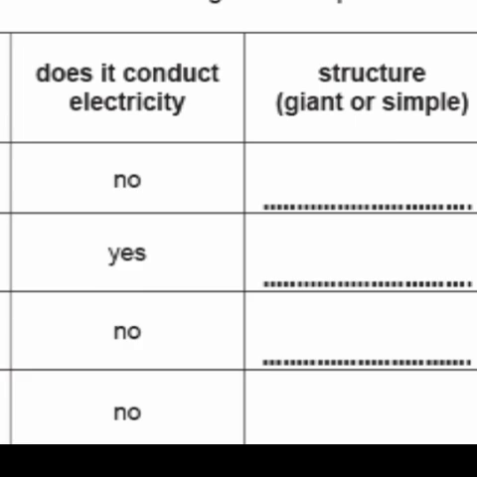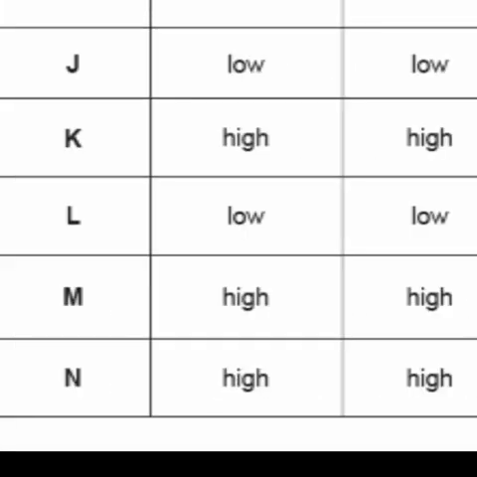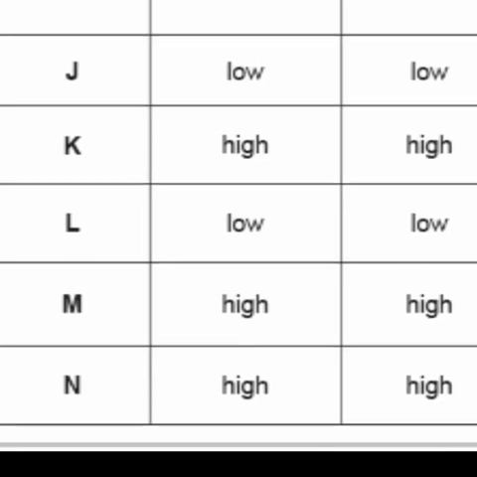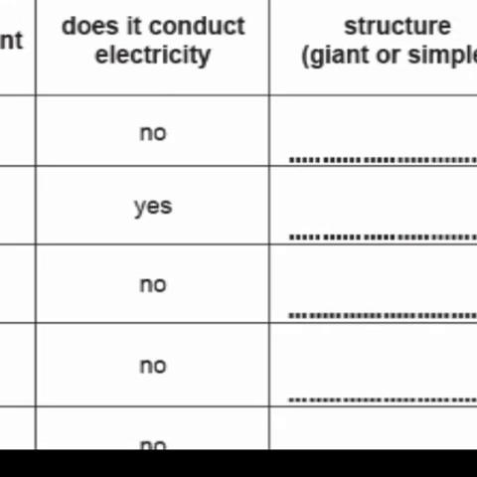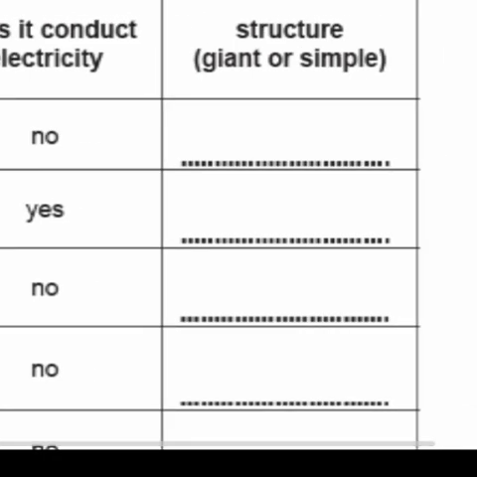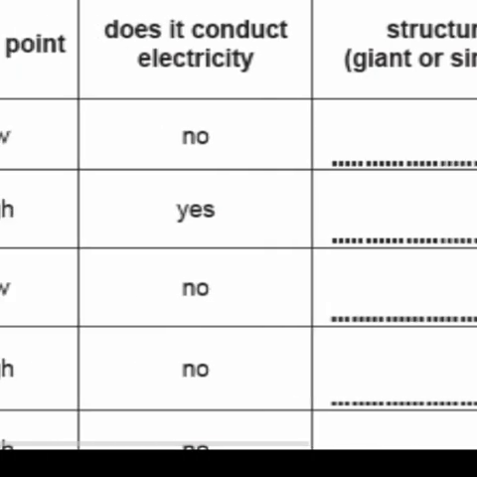These substances have a giant structure. So for substance K, the structure is giant. The next substance, L, has a low melting point and low boiling point and does not conduct. This is likely a substance that has a simple structure.